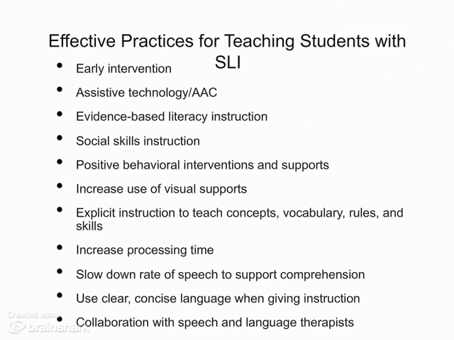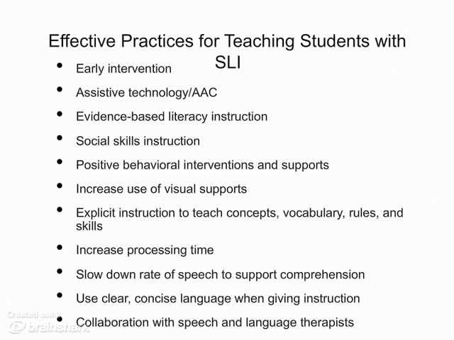There are a variety of effective practices for teaching students with speech and language impairments. First is the need for early intervention, meaning research has shown repeatedly that when students receive early speech and language intervention from birth through age 3, and up through age 5, they typically are able to perform better academically and socially and communication-wise when they are older.